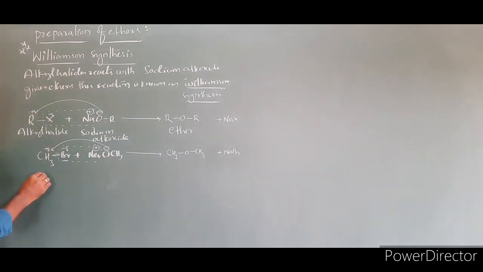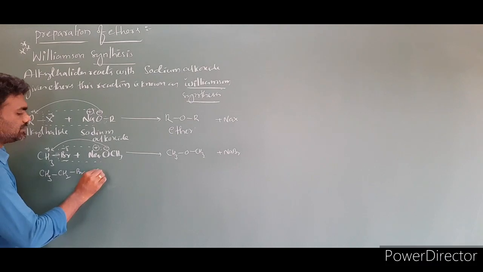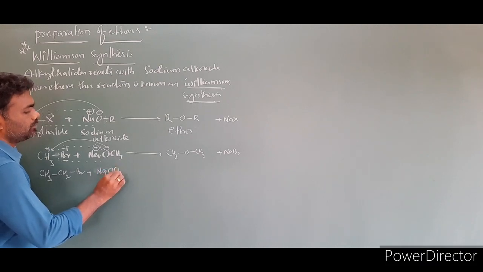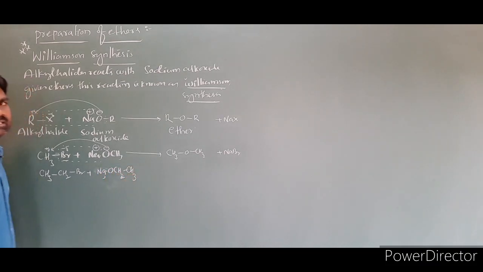I am taking one more example. CH3CH2Br plus I am taking CH3CH2ONa. Look at this example.